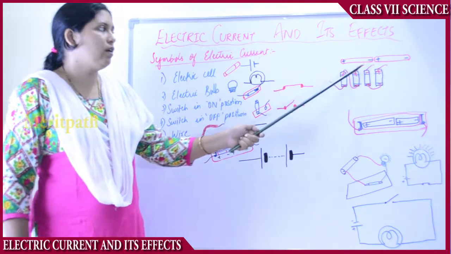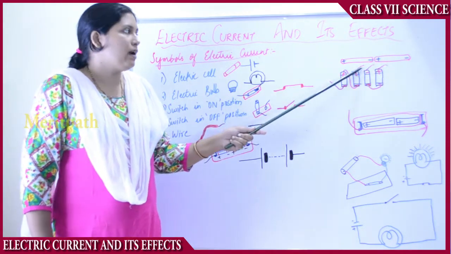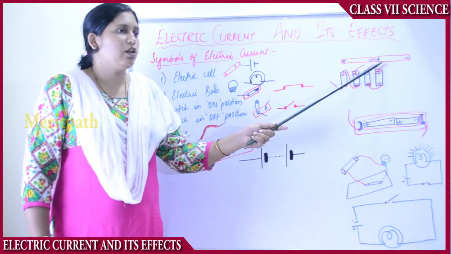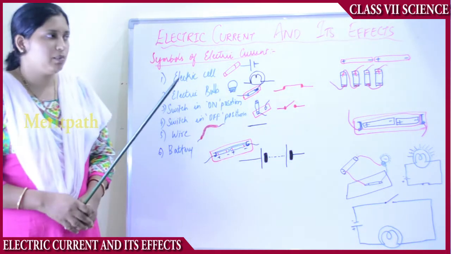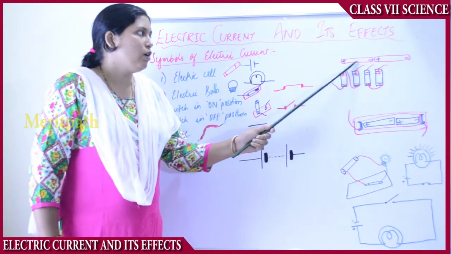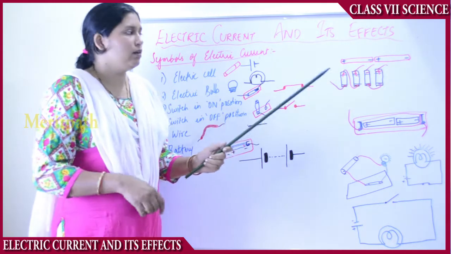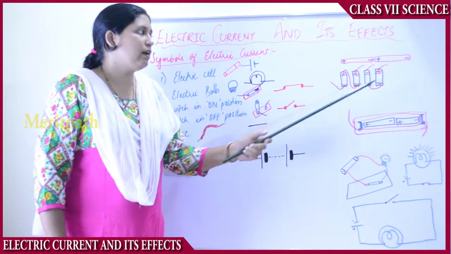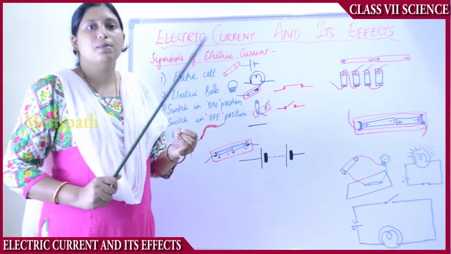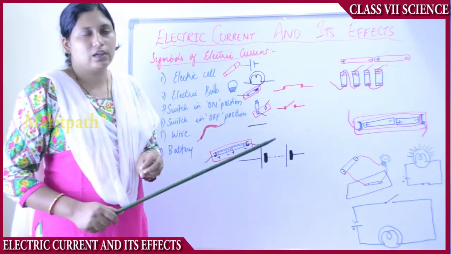In a torchlight, for example, batteries will be arranged like this, one above the other. In that case, the negative terminal will always touch the positive terminal. And suppose the batteries are arranged side by side, not one above the other, then how will the wires be connected in this type of connection? Always the positive terminal will go and touch the negative terminal.